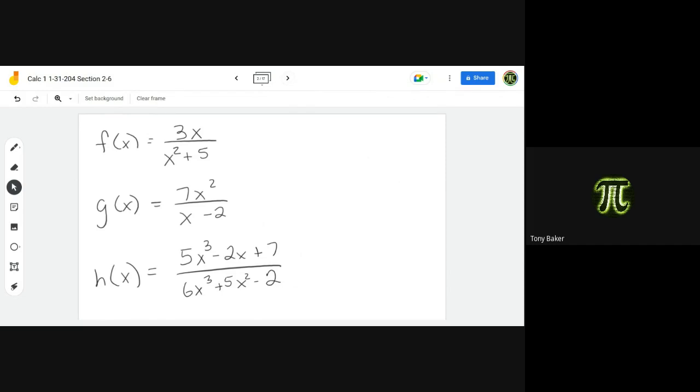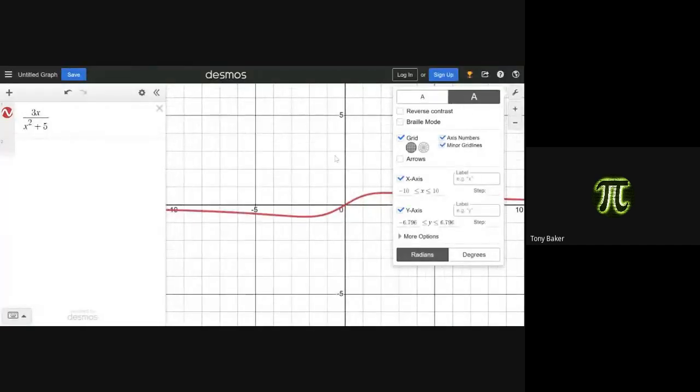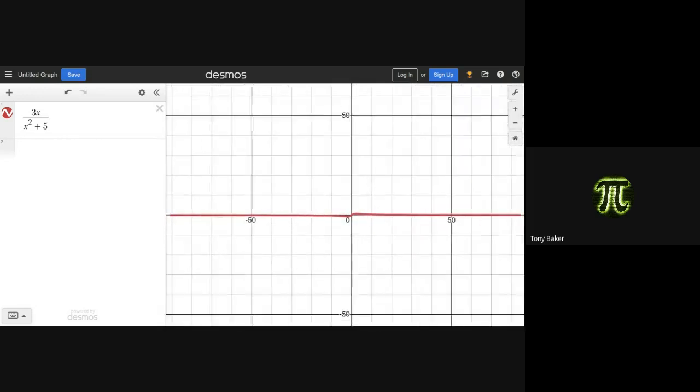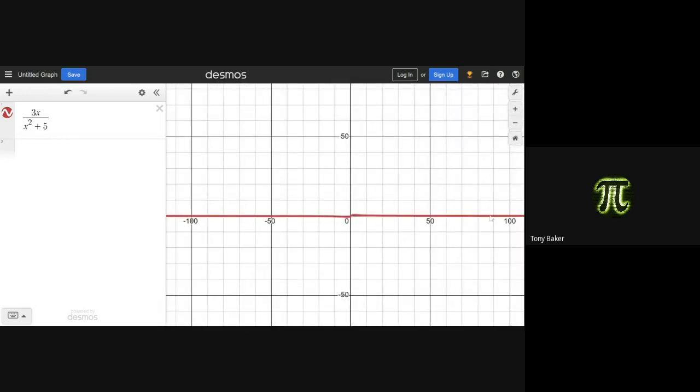So if we look at the first one. So let's look at this. So here's my first equation. The horizontal asymptote is, if we sat there and zoomed out, what's the equation getting really, really close to? Yeah, so in this case, as we go further and further out, you can see it's getting closer and closer to y equals 0.